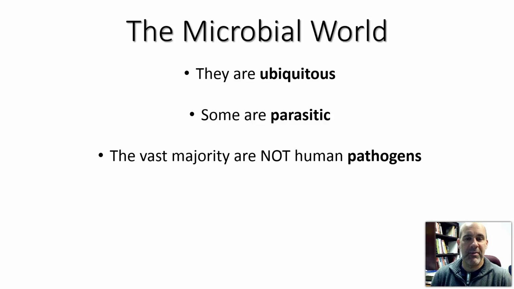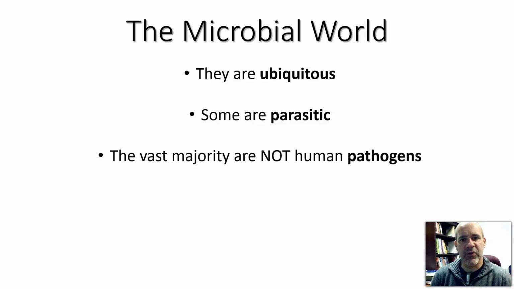So right now, your mouth is full of microorganisms. I don't care how often you brush your teeth. I don't care if you gargle. You still have microorganisms in your mouth. You have many different kinds of bacteria on your skin, and down in your intestinal tract, it's pretty much a zoo of microorganisms down there. And the vast majority of those microorganisms are not harming you. They just live on or inside our bodies.